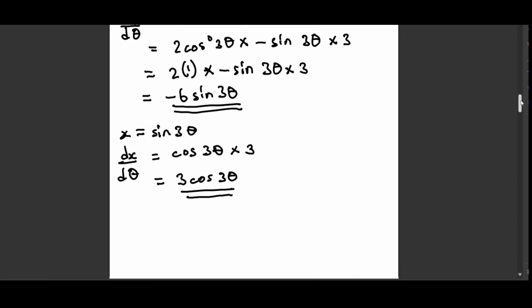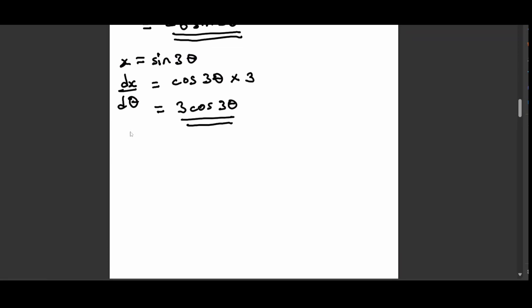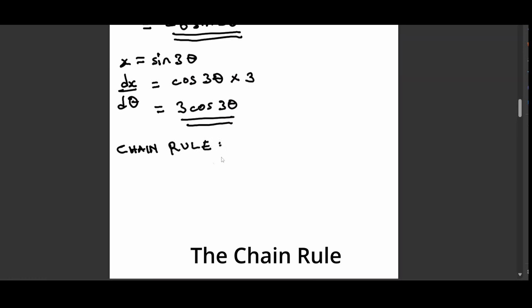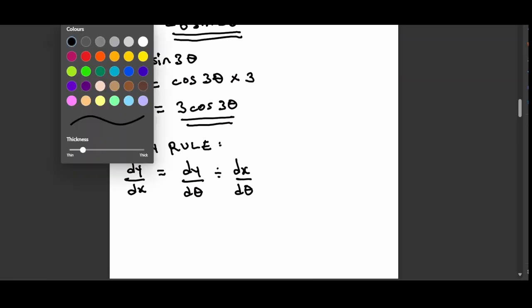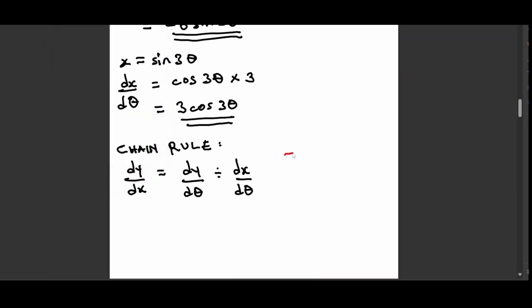Now, after having worked through this, we are going to employ what we term the chain rule. What does the chain rule imply? The chain rule implies that dy dx is equal to dy d theta divided by dx d theta. Before we go anywhere, let us examine this chain rule to see its implications.